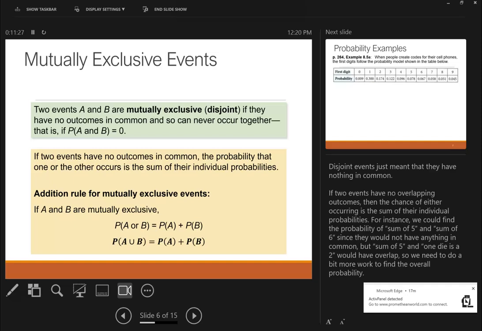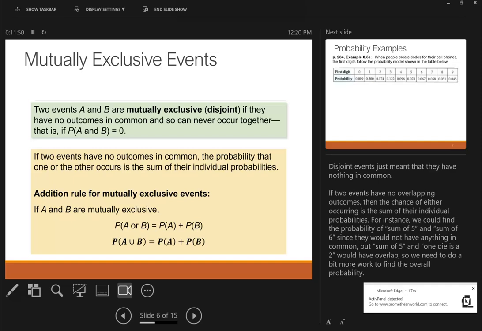All right. So if we want to talk about calculating the probability for mutually exclusive events, here's the good news. The probability of A or B, or the probability of A union B, as long as there's no intersection of the two, is just the probability of A plus the probability of B. You can just handle them separately.